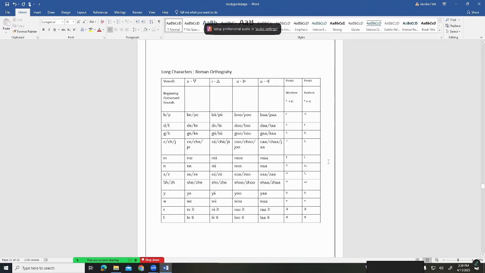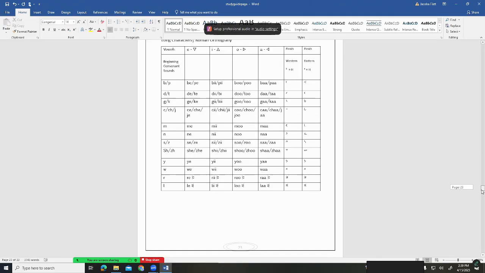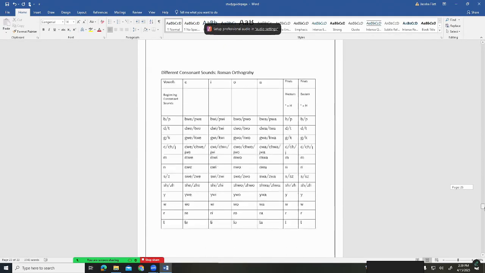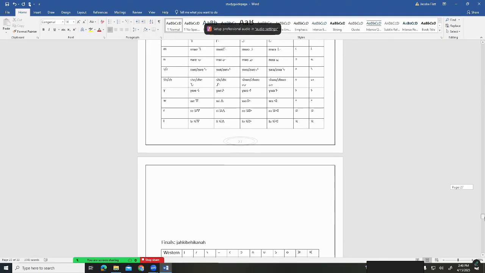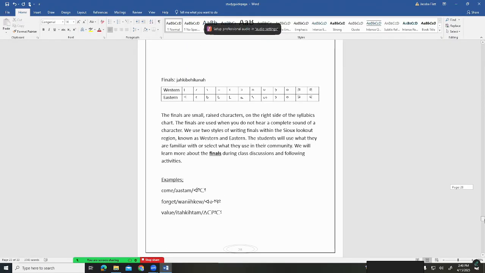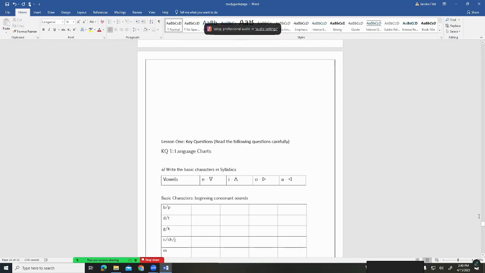And again, the vowels are divided into two types, long vowels and short vowels.